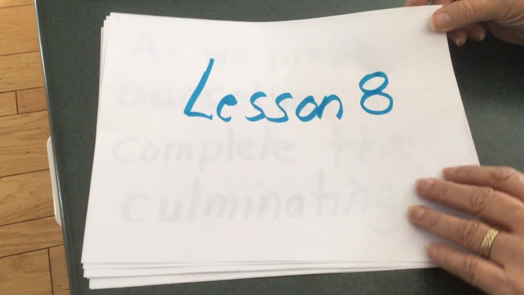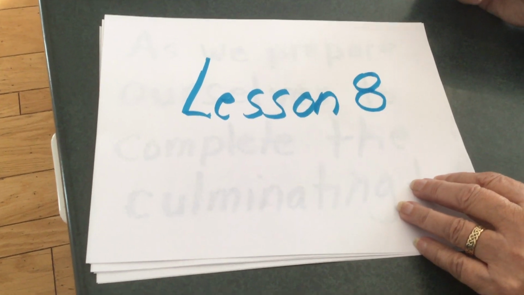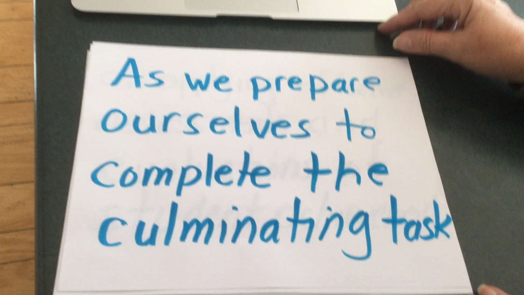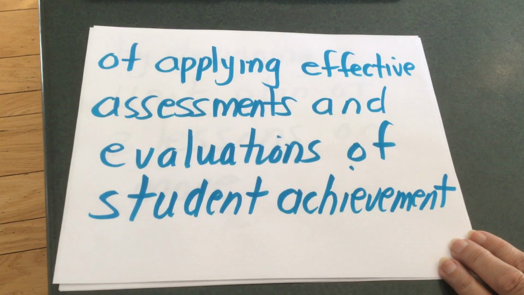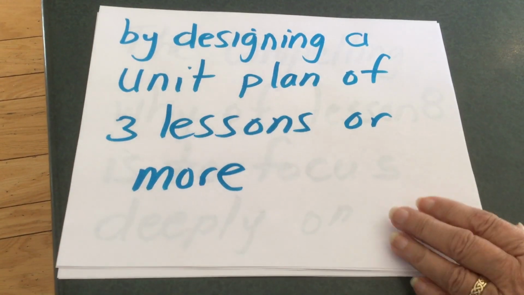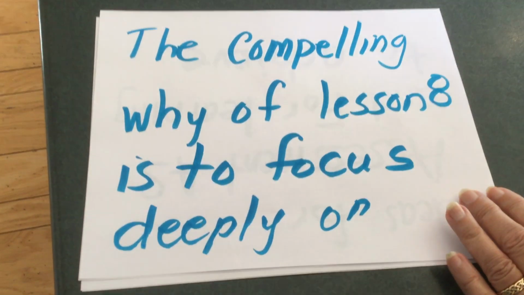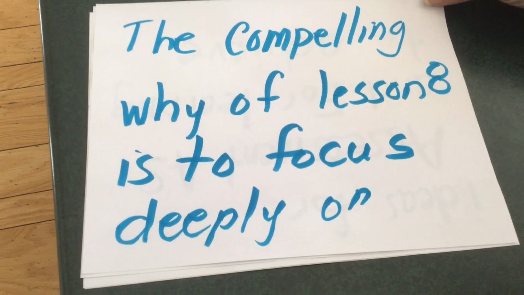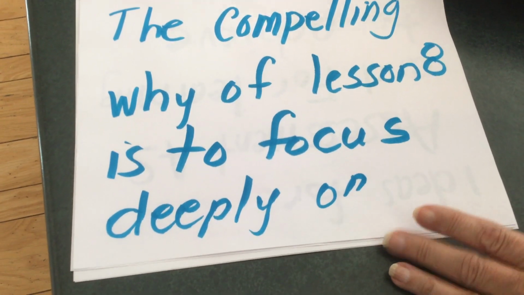I want to go through what you're expected to do in lesson 8, as the culminating task is our final journal, number 3. As we prepare ourselves to complete the culminating task of applying effective assessments and evaluations of student achievement by designing a unit plan of 3 lessons or more, I want to talk about the compelling why of lesson 8 and how it's going to help you build your unit plan for your culminating task.